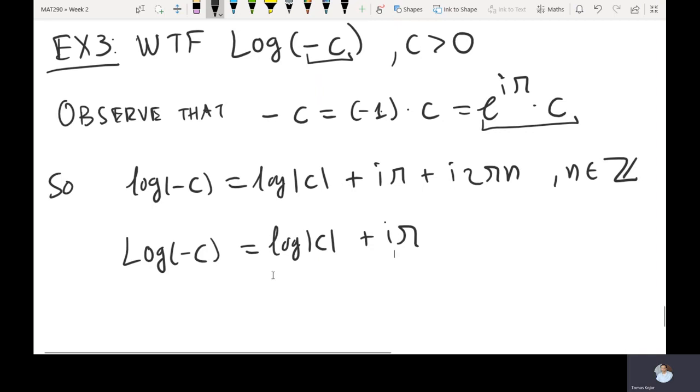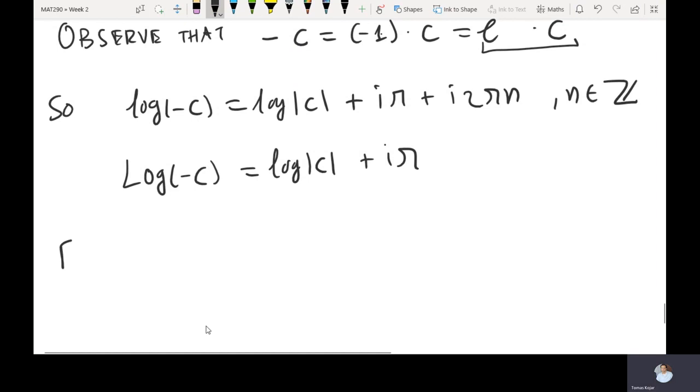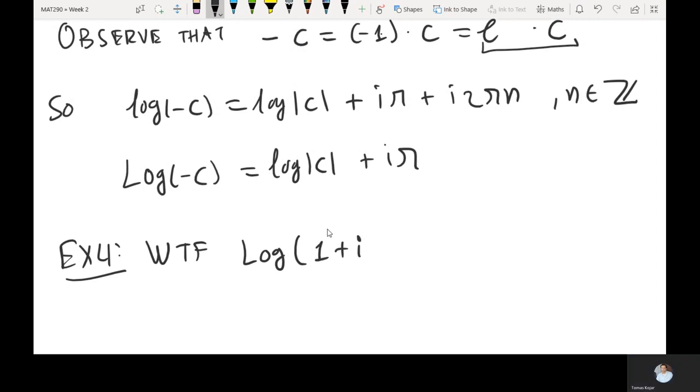Yeah, let me do one more. Let's return to example 1. Want to find the principal log of 1 plus i.